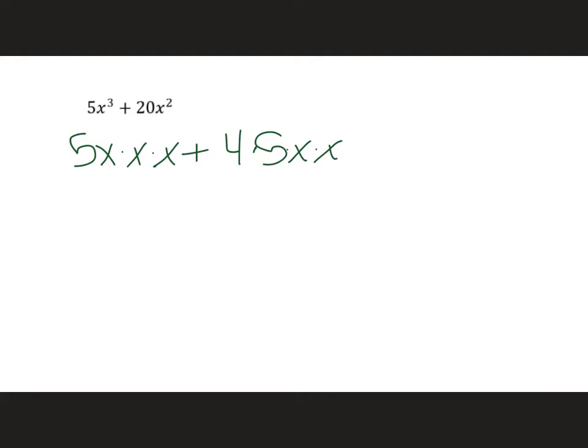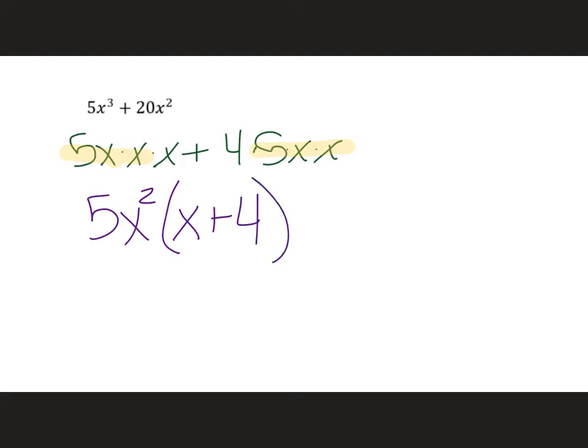So that would give us in common a 5 and 2 x's. So I would write the factored form as 5x squared, that's their greatest common factor, times x plus 4. So that would be the factored form of this particular binomial.